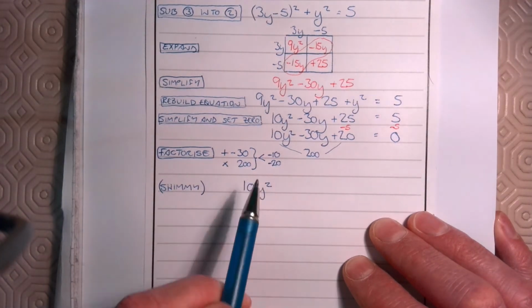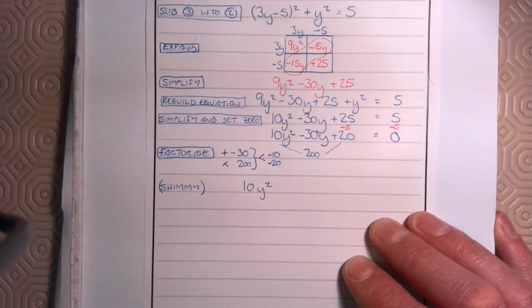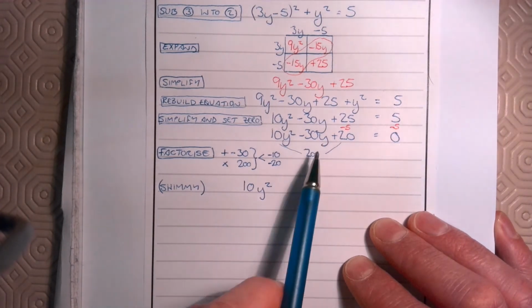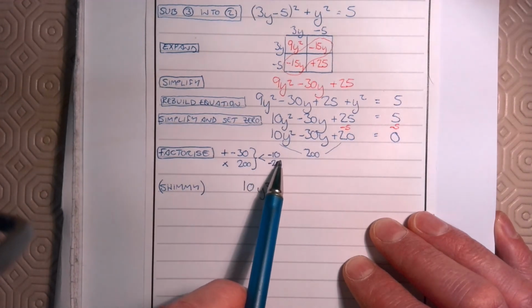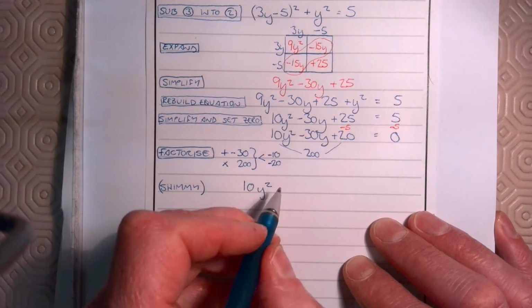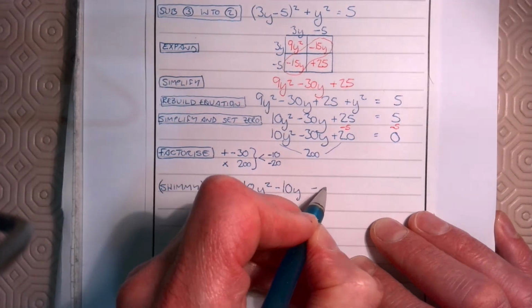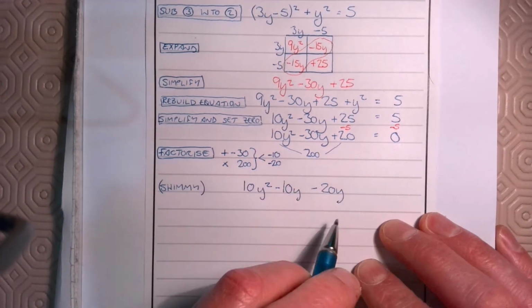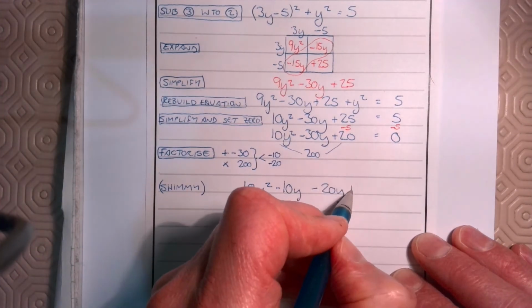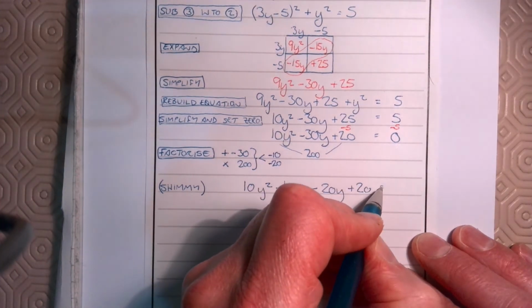So what we're doing here is we're factorising using the shimmy method, which is factorising by partition, which means splitting up our minus 30y into a minus 10 lot and a minus 20 lot. So let's do that. So I've got minus 10 lots of y, minus 20 lots of y. I've still got my plus 20, and it still equals 0.